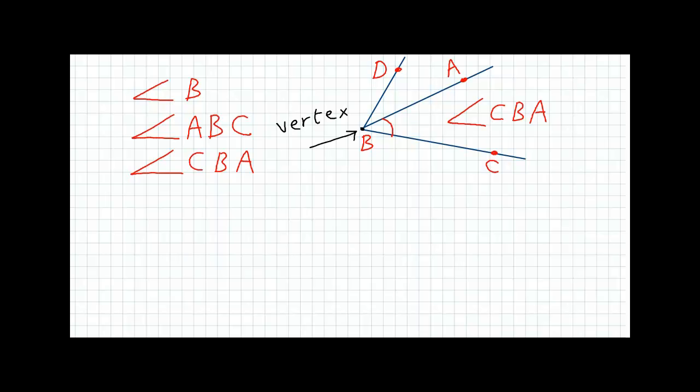And if we are talking about this angle over here, we will say this is angle DPA. Or sometimes we can put numbers inside the angles, so we can say that this is angle 2 and this is angle 1.